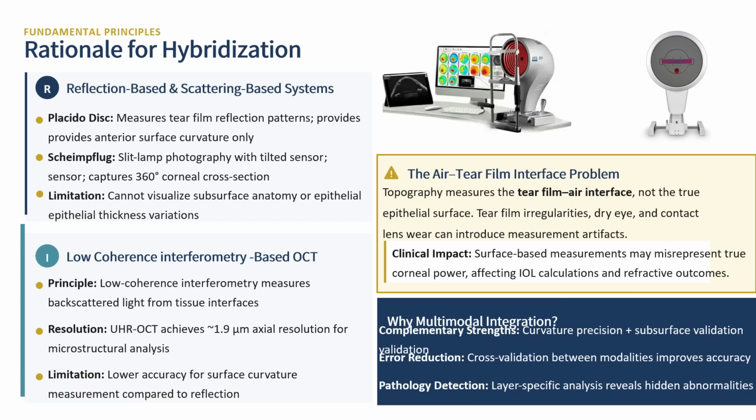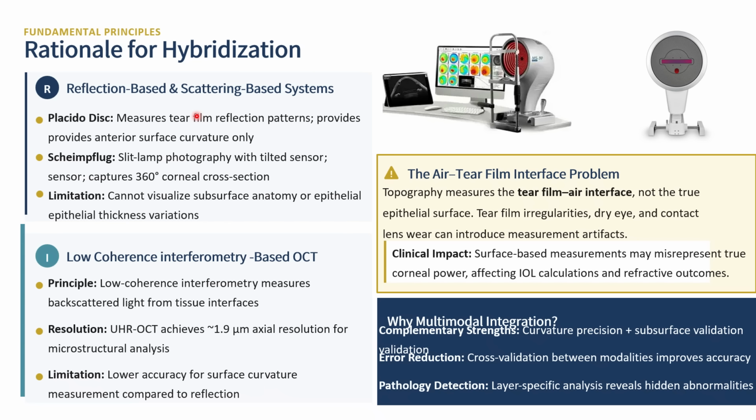For example, the reflection based system is very superior in mapping the anterior surface of the cornea, because it is based on the mirror effect of the cornea and the specular reflection. However, a drawback of this reflection system is the problem of dryness and what's known as the air-tear film interface.